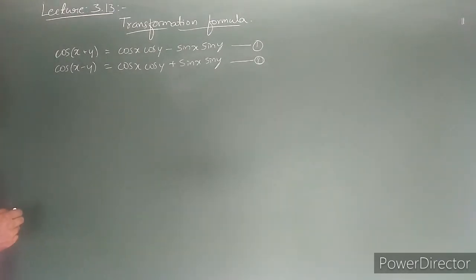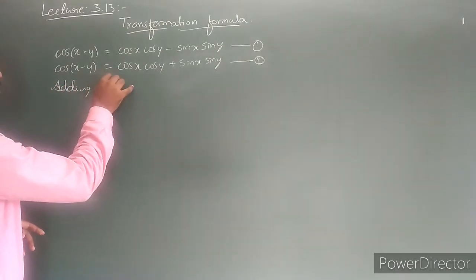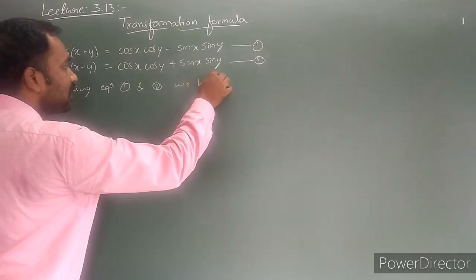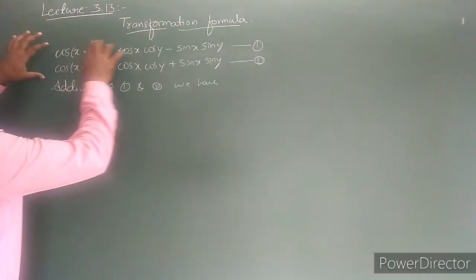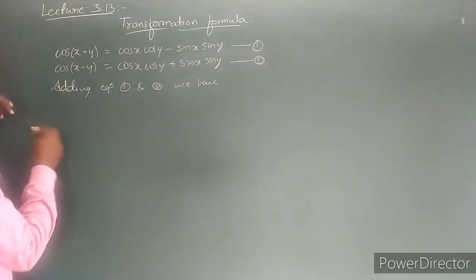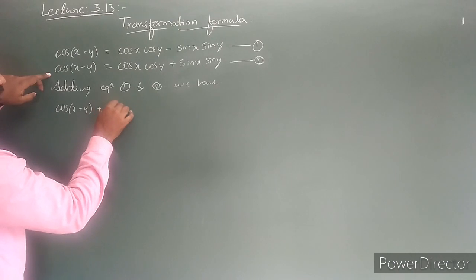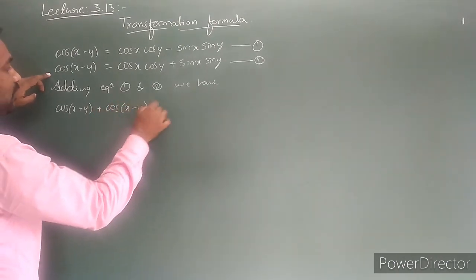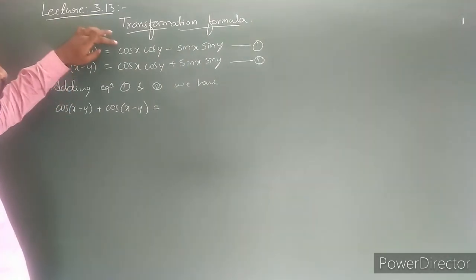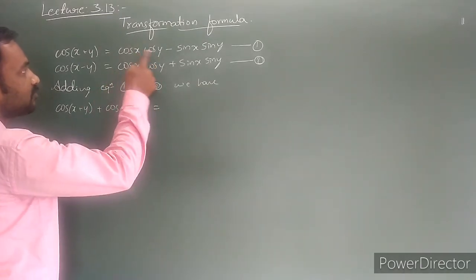Now, adding these two equations, equation number 1 plus equation number 2. The left-hand side is cos(x+y) plus cos(x-y). Similarly, add the right-hand side.